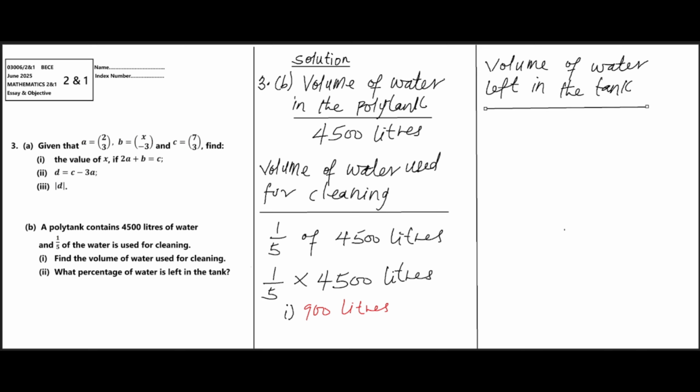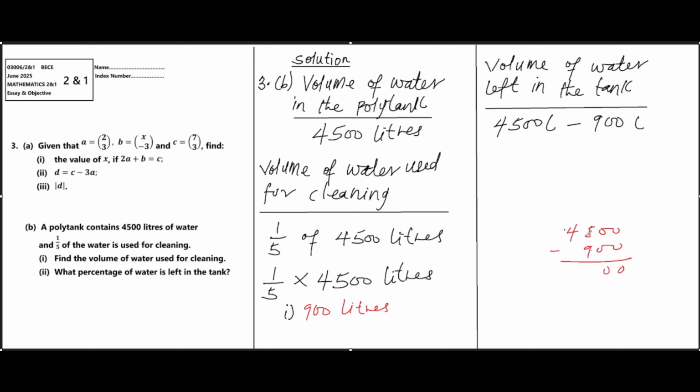So initially, the total amount of water in the tank was 4,500 liters. Then 900 liters was used for cleaning. So what will be the remaining volume of water in the tank? So 4,500 minus 900.